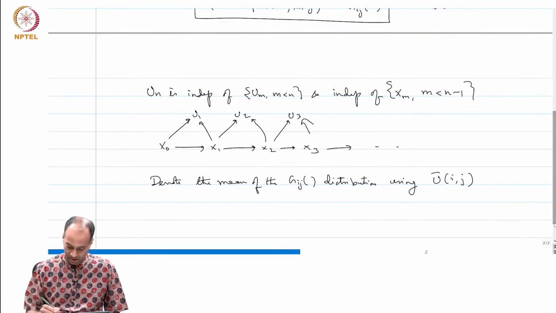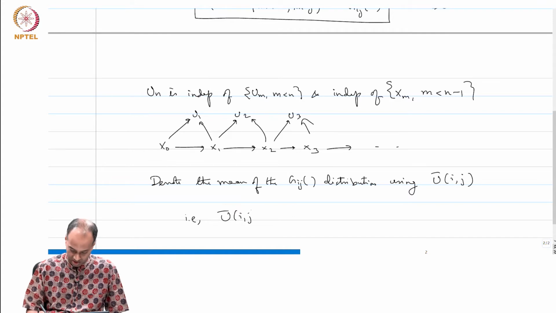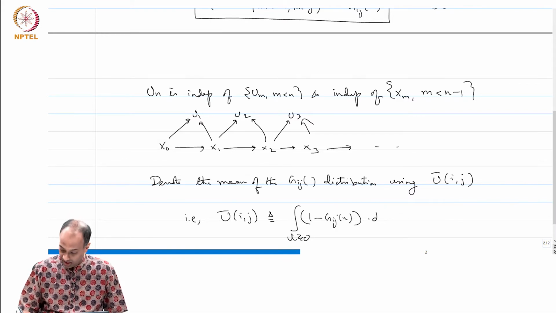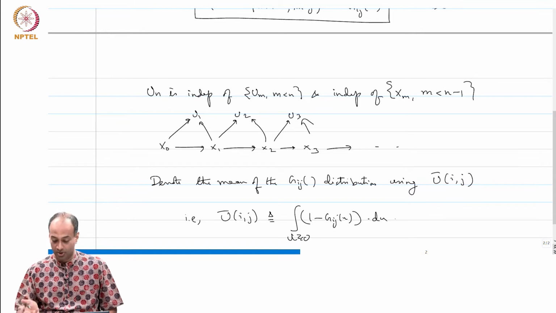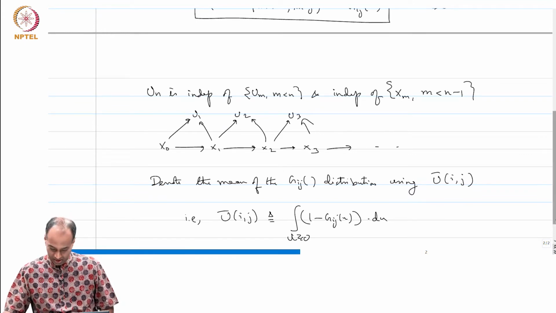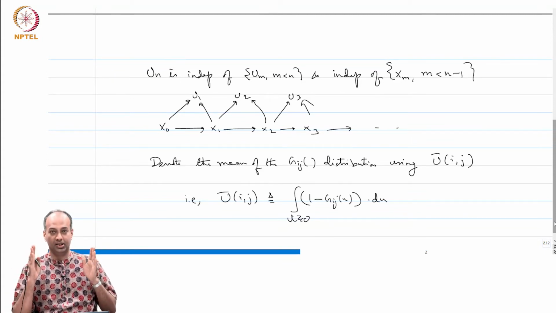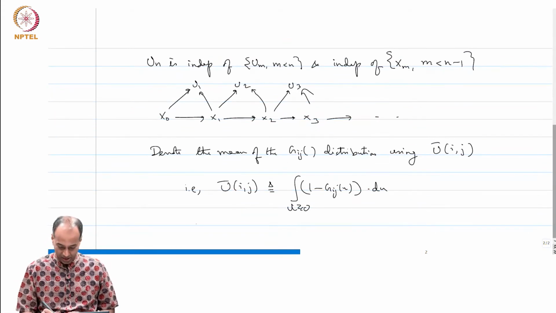So in particular, U bar ij is just the integral over u greater than or equal to 0 of 1 minus Gij of u. So I am just integrating the complementary CDF, right. I can integrate the complementary CDF to get the mean, that is because this is a non-negative random variable, okay. So this is just a notation, U bar ij is the mean holding time in state i if you are going to state j next, okay.